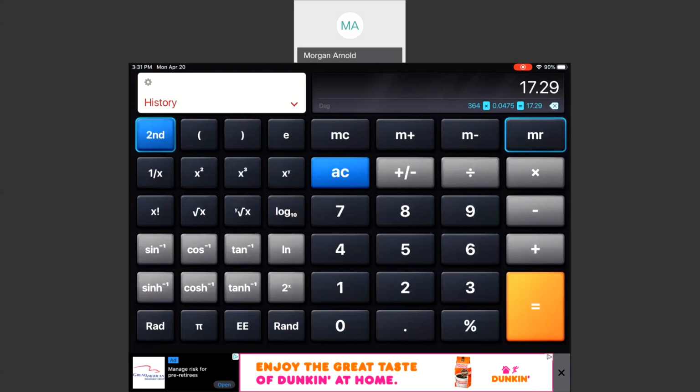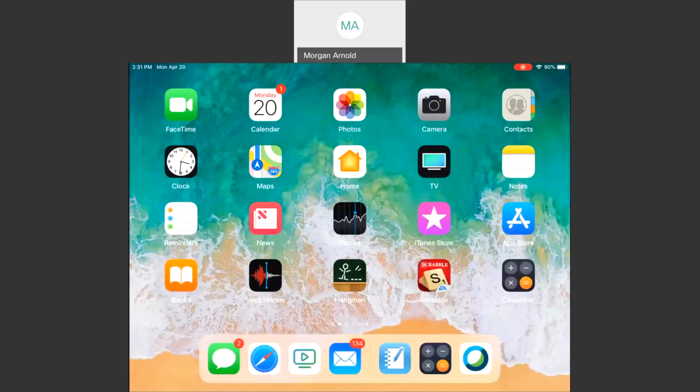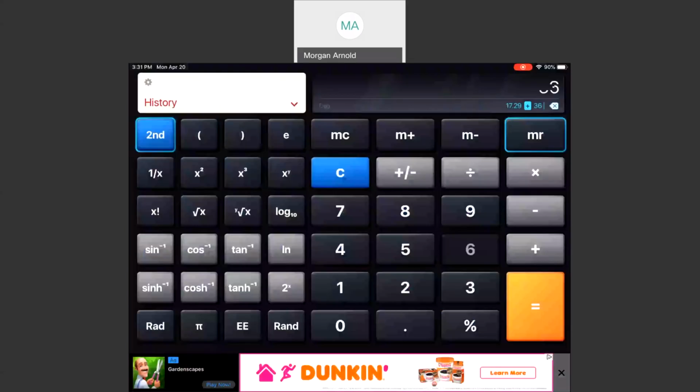And that gives us $17.29 sales tax. Now you're going to add that to the 364. And so far we have $381.29.